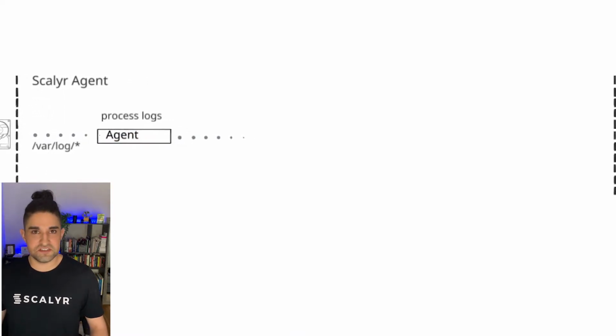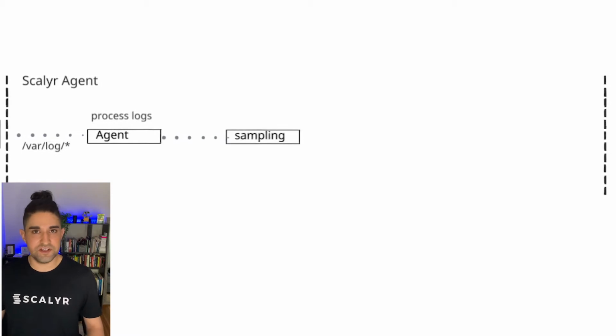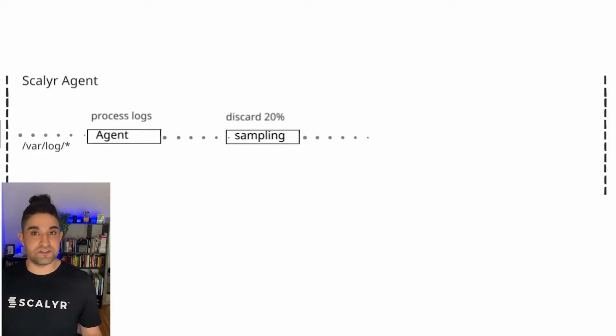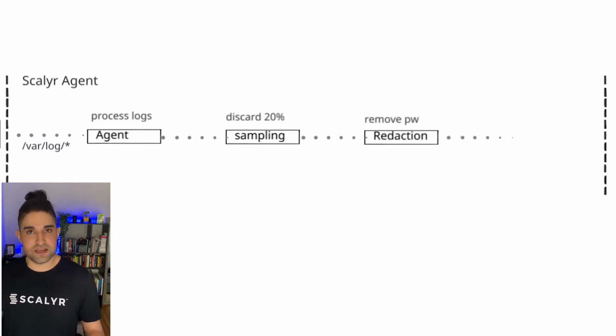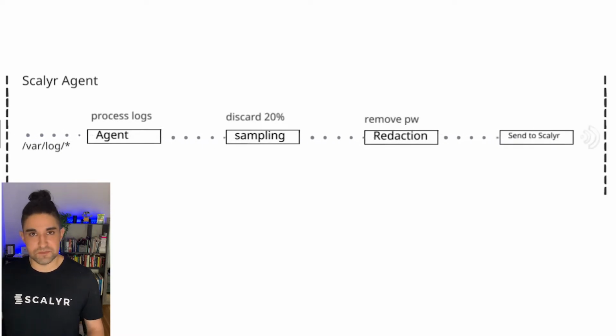The agent is going to take everything in that directory and process it. First it's going to sample the data, in this case discarding 20% of everything. Then it's going to go through the redaction step. After the redaction step, it's going to ship the data off to the Scalyr data center via the REST API.